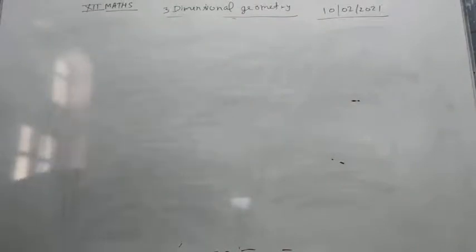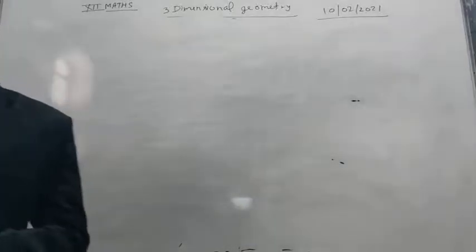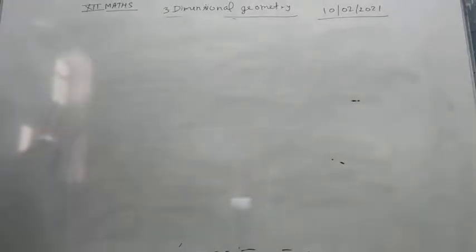Our next question, students, is: find the equation of the line passing through the point P (4, 6, 2) and the point of intersection of a line and a plane.